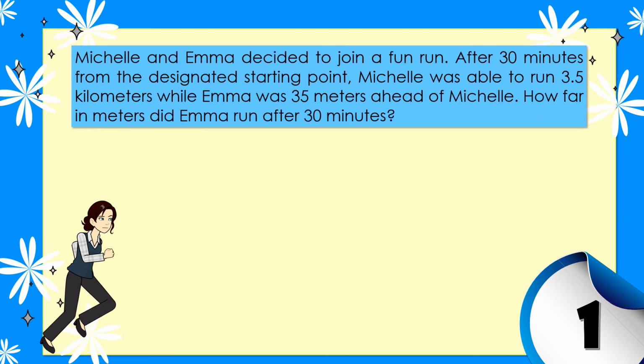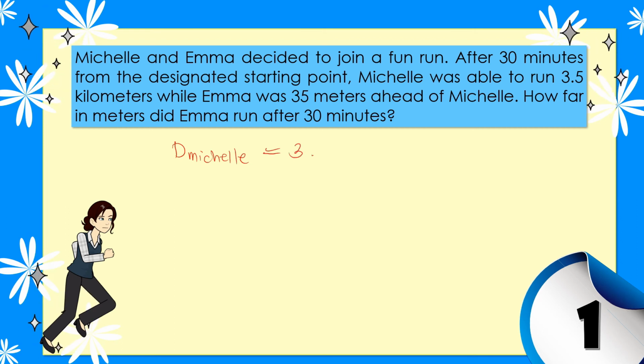Michelle and Emma decided to join a fun run. After 30 minutes from the designated starting point, Michelle was able to run 3.5 kilometers while Emma was 35 meters ahead of Michelle. So, how far in meters did Emma run after 30 minutes? So, i-convert natin yung distance na na-travel ni Michelle. I-convert natin yon sa meters.